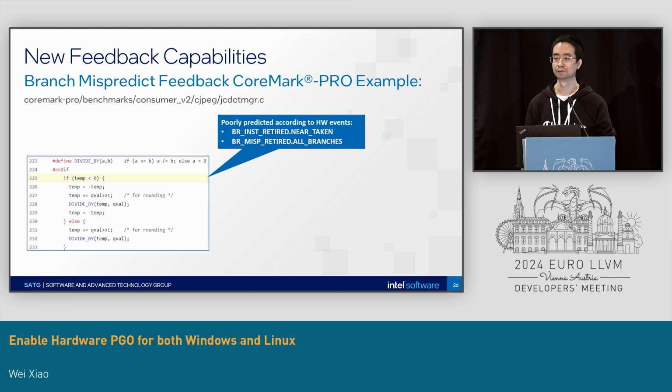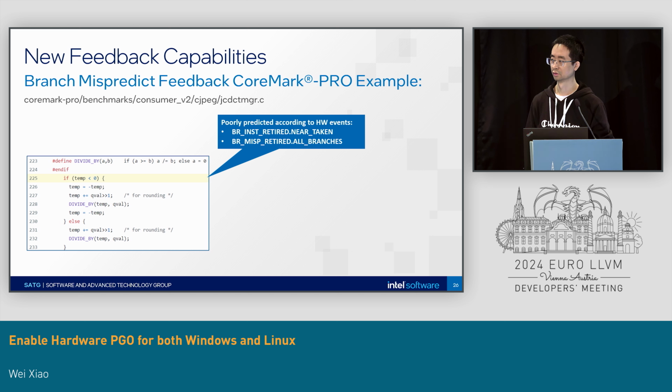Thank you, Wei, for the talk. Very interesting. I have one comment and one question. The comment is, I'm not sure how closely you're working with architects on defining the features for the new generations of processors, but considering what has been presented previously, specifically CSSPGO, which makes use of both LBR for branches and call stack profiling, it would be nice to have the capability to sample both at the same time.